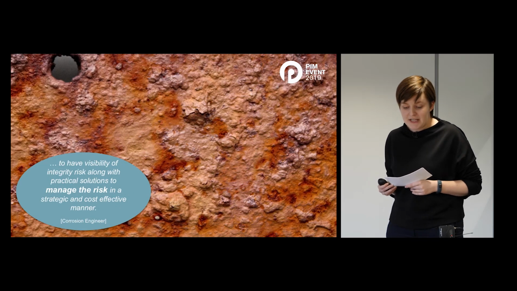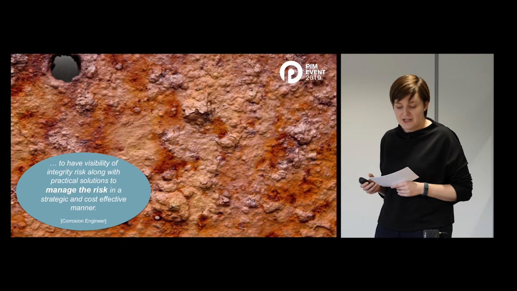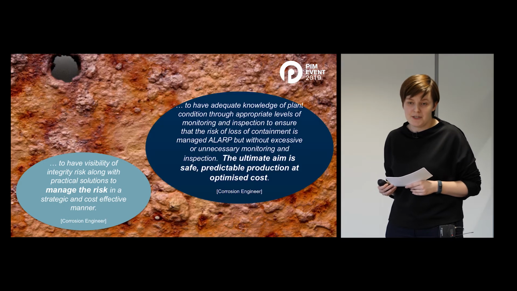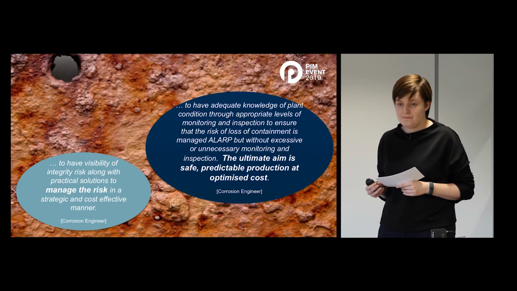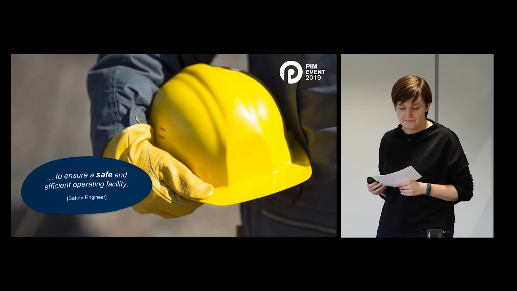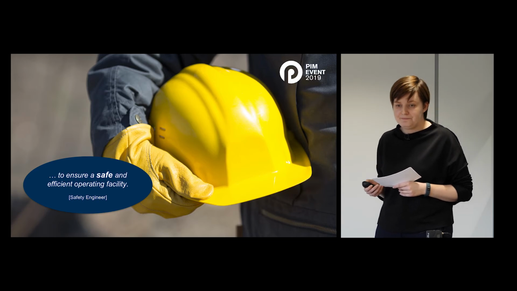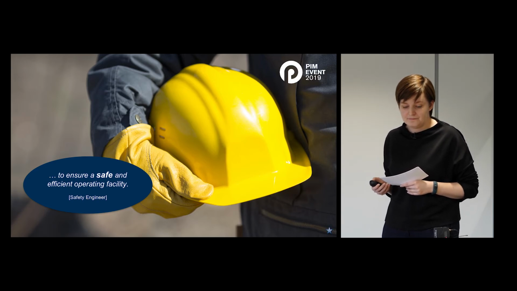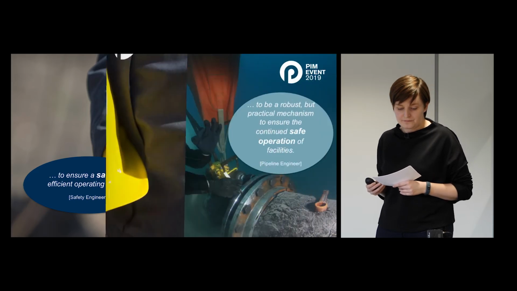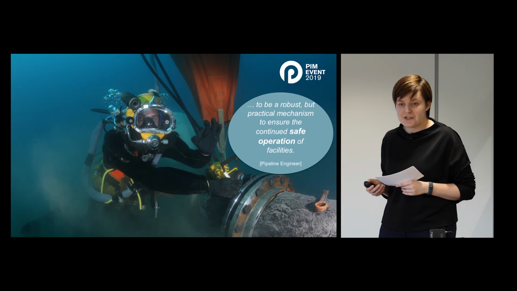Corrosion engineers expect from integrity management to manage the risk and to have safe, predictable production at optimized cost. Safety engineer expects safety on the asset. Pipeline engineer expects the same, safe operations.